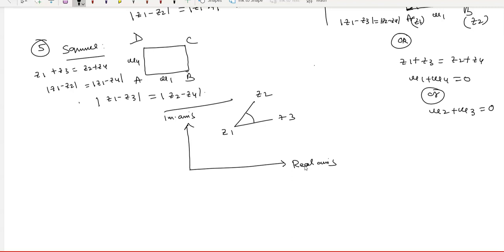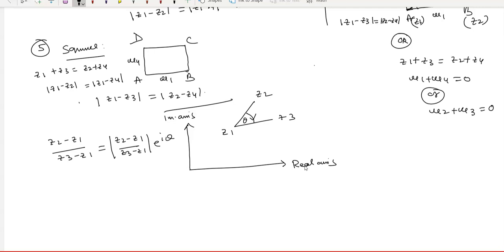If I send the sense of rotation this manner, then theta will be positive, no? So one can say that Z2 minus Z1 by Z3 minus Z1 equal to mod of e to the power I theta, because you are coming this manner. Remember, it's going clockwise, so the angle will be positive.